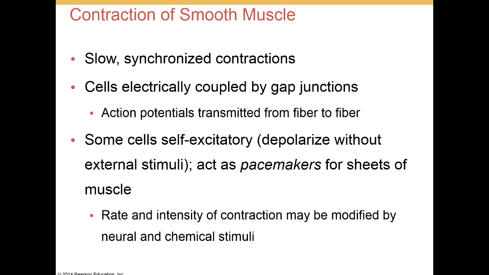And some smooth muscle cells are self-excitatory, similar to cardiac muscle. So certain sheets or large groups of muscles may contract and relax in a rhythmic pace. Now, just like in cardiac muscle, how fast this contraction occurs and how strong the contraction occurs can be modified by the nervous system.